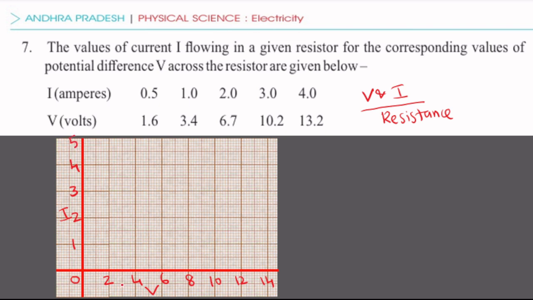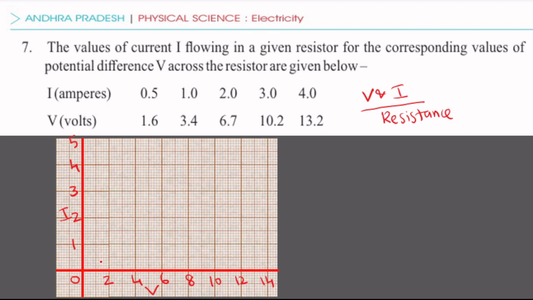So these are the values of voltage and current taken on the x-axis and y-axis respectively. Now let us try to mark the points on the graph. For 1.6 volts, the current value is 0.5 amperes.